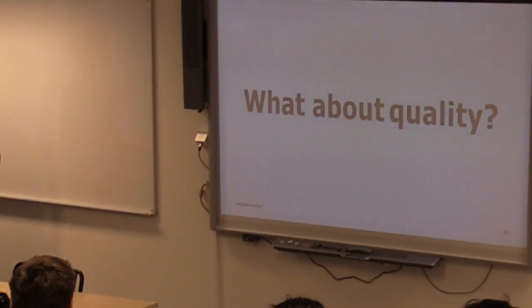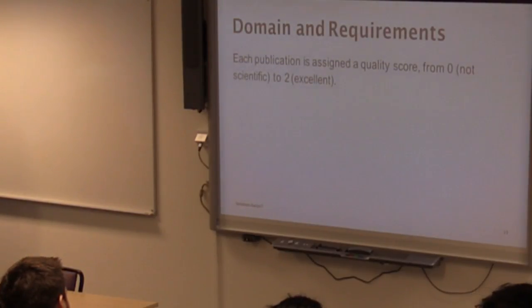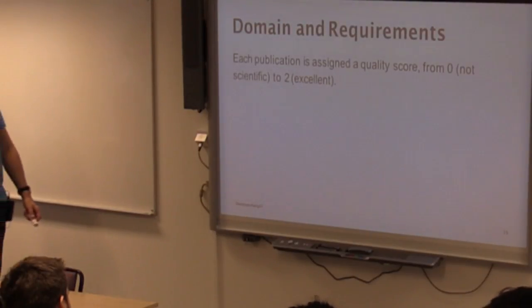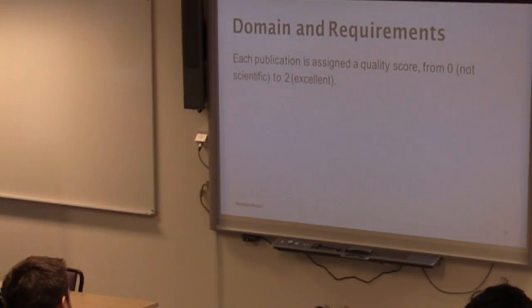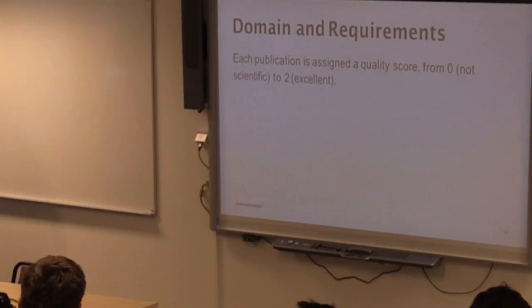So let's go back to that quality thing. So let's assume that we have that quality score, that grade, so that goes from 0 to 2, where 0 is not very good and 2 is very good, it's excellent. So that's our grading mechanism, from 0 to 2.